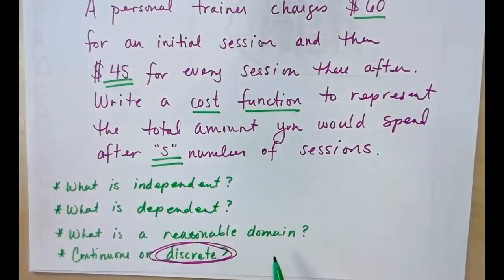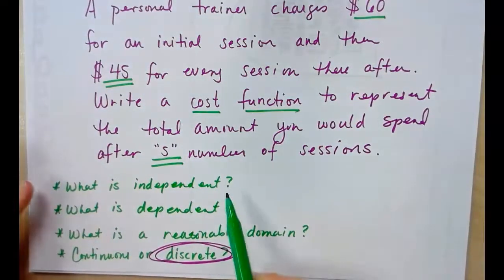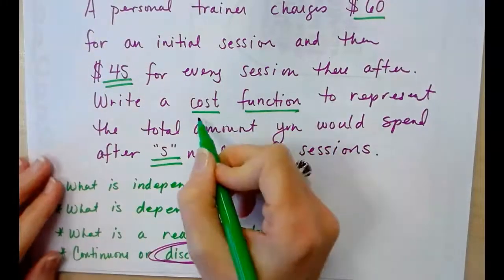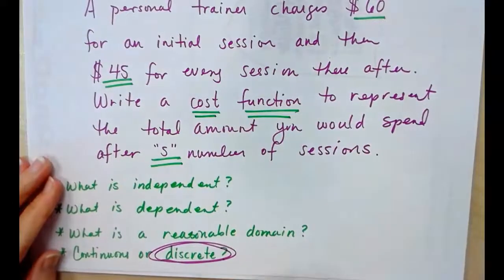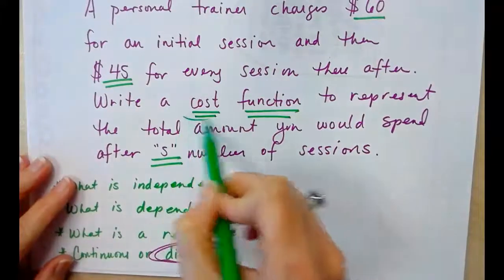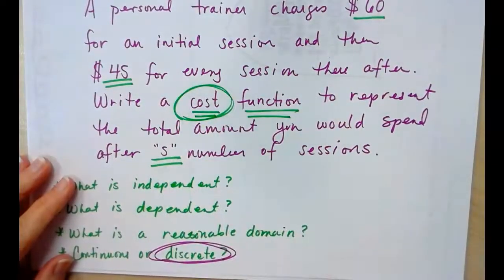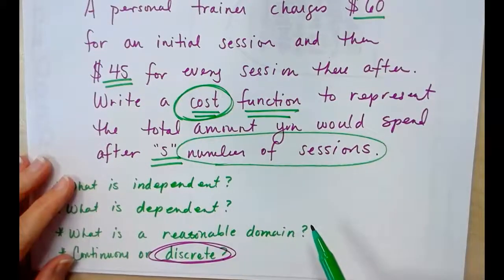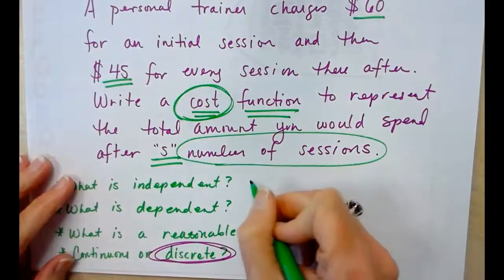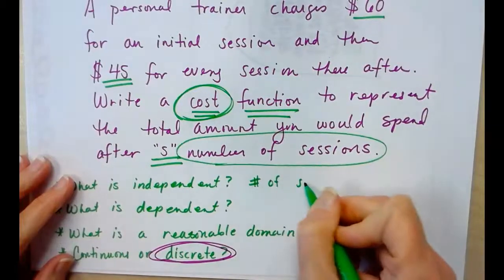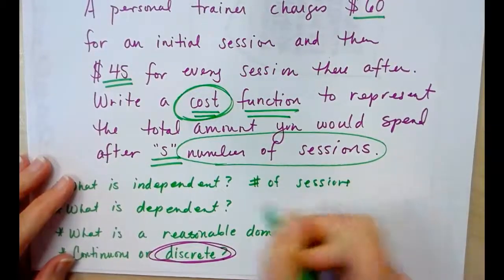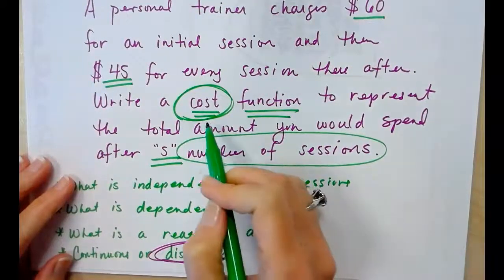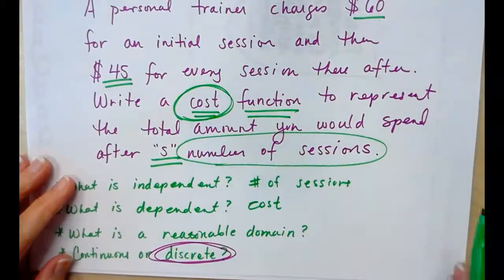Next, what's a reasonable domain? Well, let's first think about what's independent versus dependent. So if we are going to write a cost function, that must mean that the cost is dependent upon the number of sessions. So what's independent? The number of sessions. What's dependent is the cost. And remember, we're trying to write a cost function.